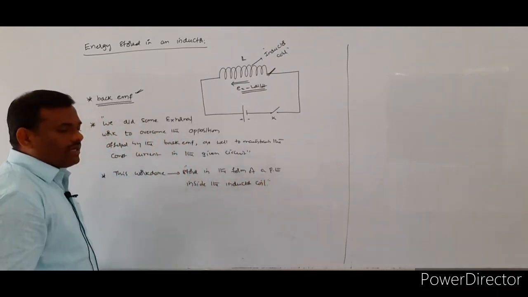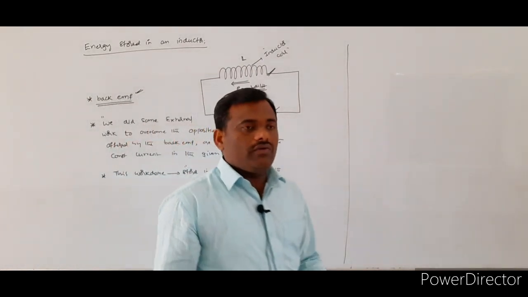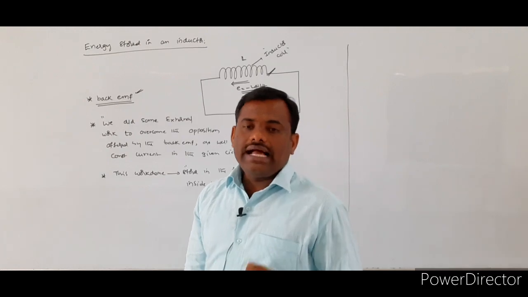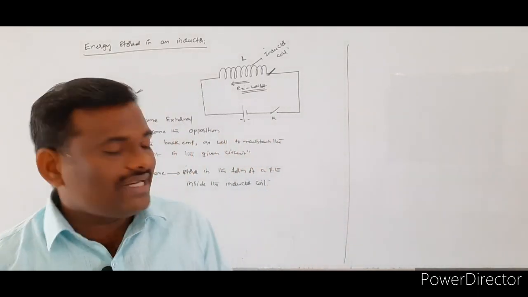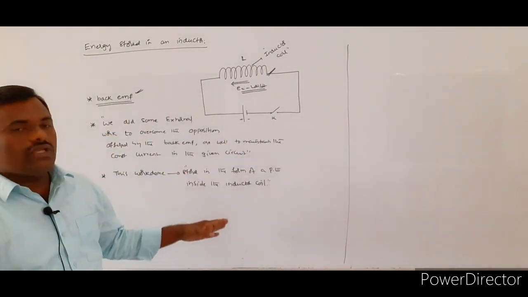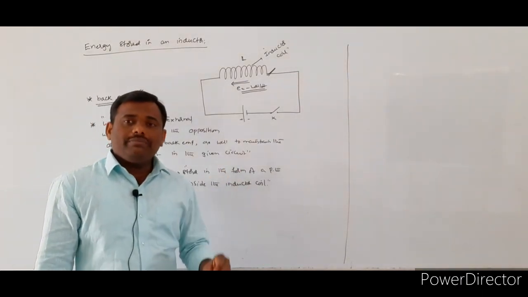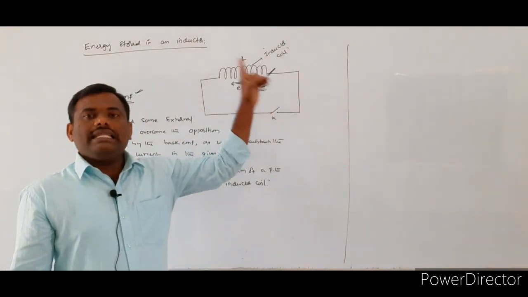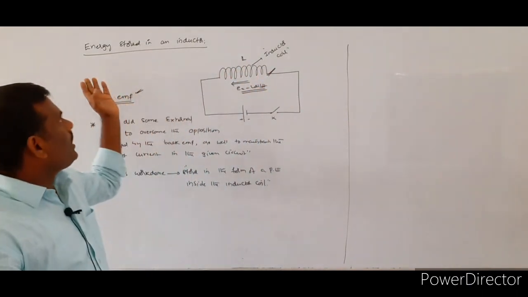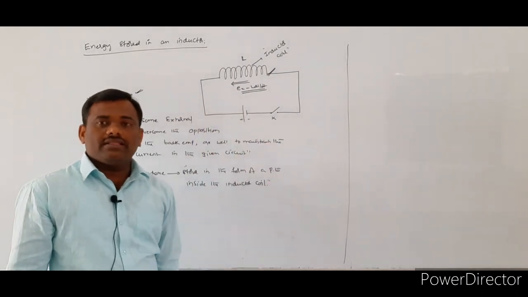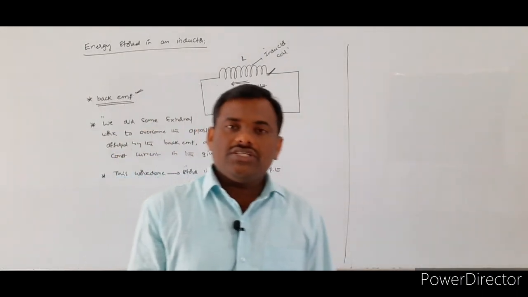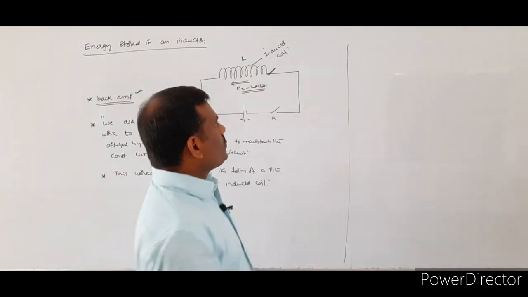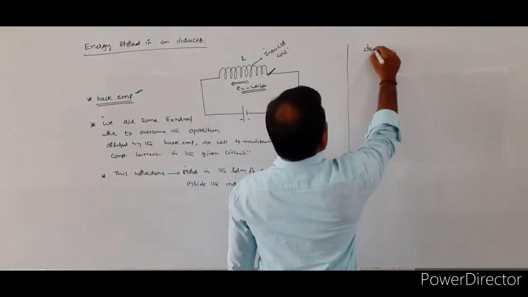So whatever work we do to overcome the opposition offered by the back EMF as well as to maintain the constant electrical current in the given circuit, that will be stored in the form of potential energy in the given inductor coil. So now we are going to derive the expression for energy stored in the inductor coil.